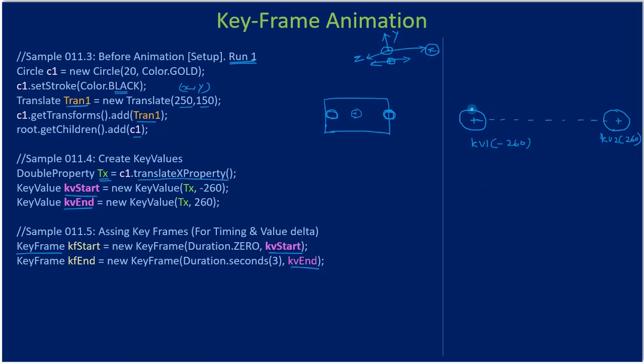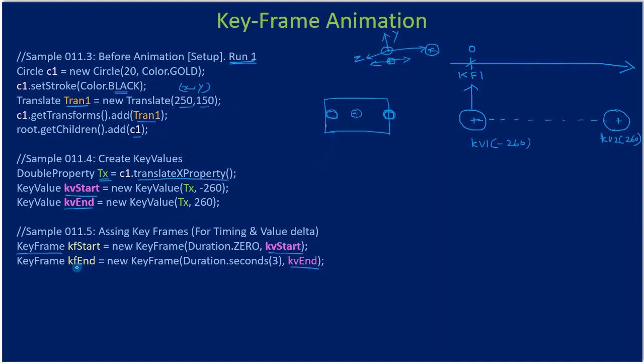And if you see here, the keyframe is defined as duration 0. So in the timeline, this specific point is 0, and we are linking that with KeyValue 1. So this is actually keyframe 1 that denotes timeline 0, and at timeline 0 the object is located at minus 260 in x direction. In y it is 150. That's the initial translation we gave, right?